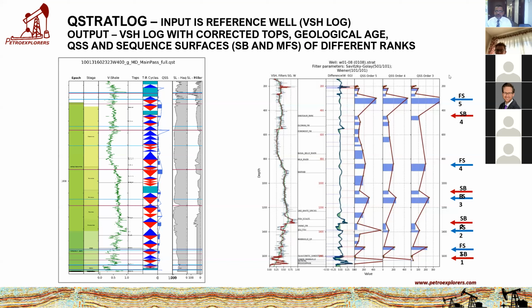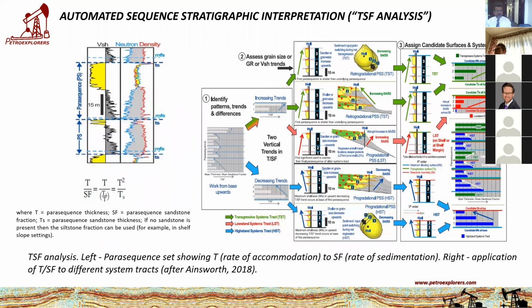This is a loosely used order name called fifth order, but then we have a process to upgrade those orders, and I'll cover that later. So this is the parasequences and how we can define those parasequences.